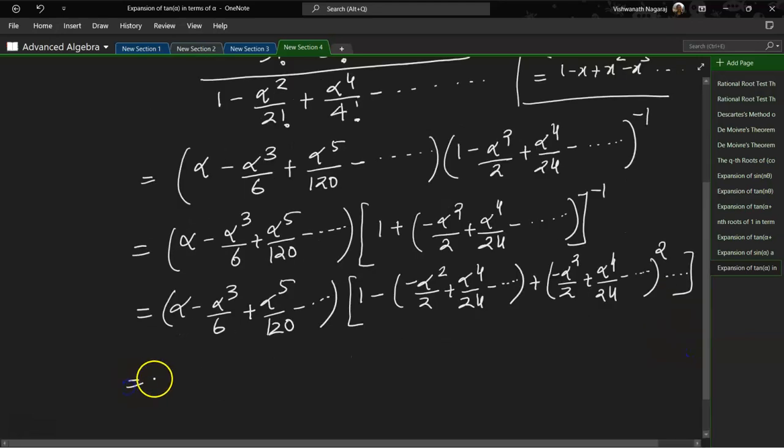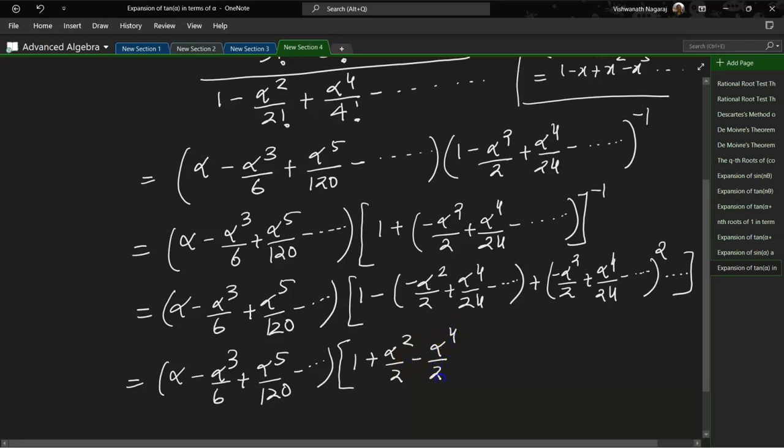Now let's simplify the second part again. Alpha cube by 6 plus alpha 5 by 120 minus dot dot dot, and this will become 1 plus alpha square by 2 minus alpha 4 by 24 plus dot dot dot.